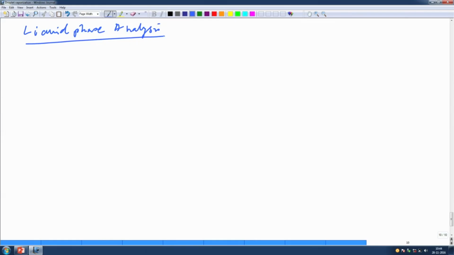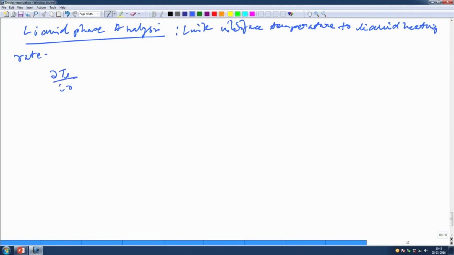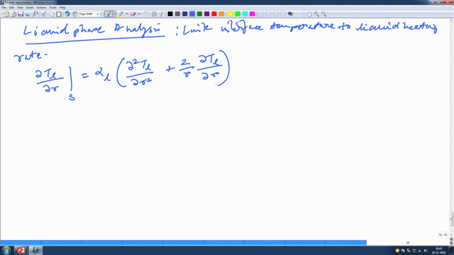The liquid phase analysis is basically to link the interface temperature to the liquid heating rate. So we have to somehow link the two.